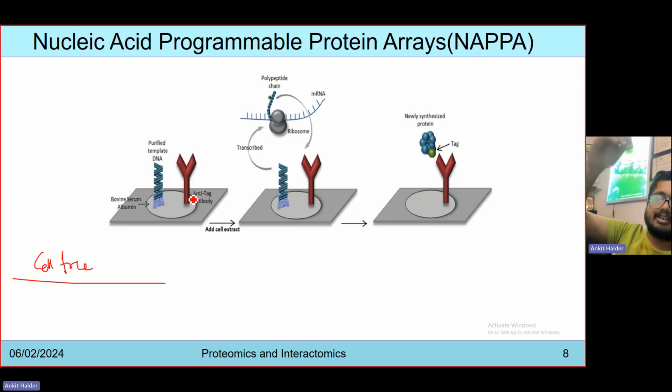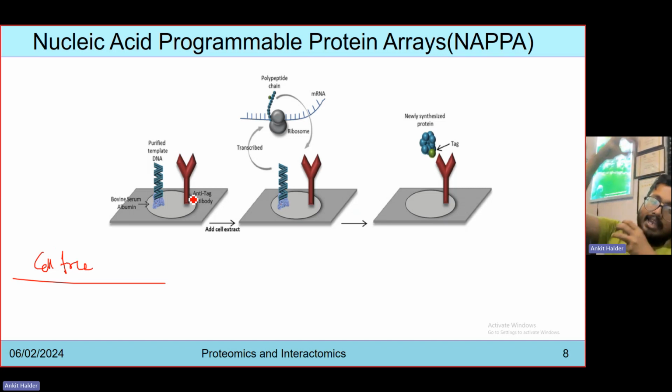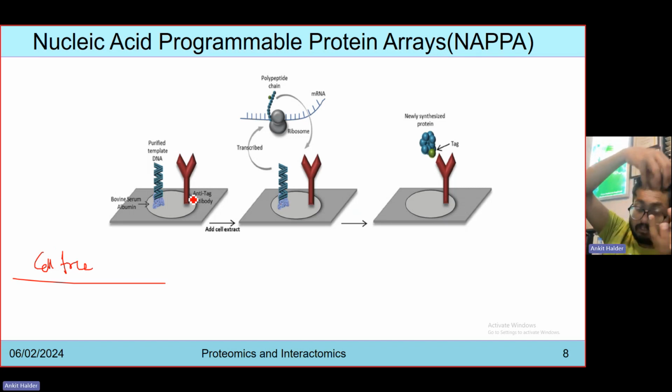This is a tag that is kept on those slides for each protein to get purified, transcribed and translated. Once the protein has been prepared, it goes and attaches to that particular place where the antibody is. This helps in attaching the proteins to that particular antibody, as well as it gives the functionalities.